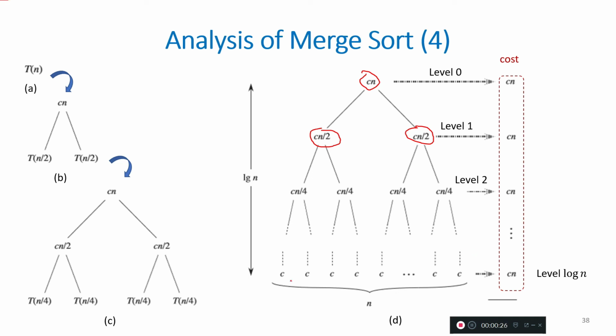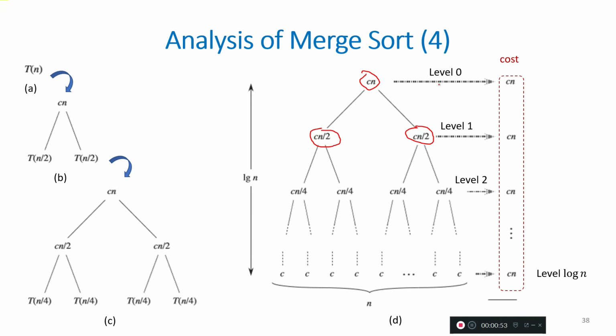So to calculate the last level of the tree, we just replace it with n. Taking log on both sides would give us log base 2 n. Therefore, we would have levels 0, 1, 2, up till log n. So in total, there would be log n plus 1 levels because we start from 0.